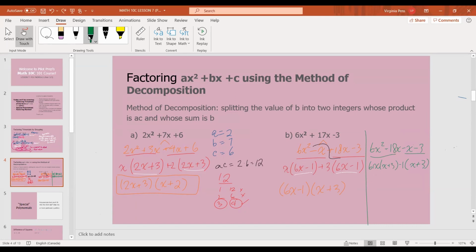Once we take out the common factor, we're left with x plus 3 times 6x minus 1, which is basically the same thing, except flipped around. So yeah, it doesn't really matter which way you put it. You don't need to put the bigger number first or anything. They'll give you the same answer.